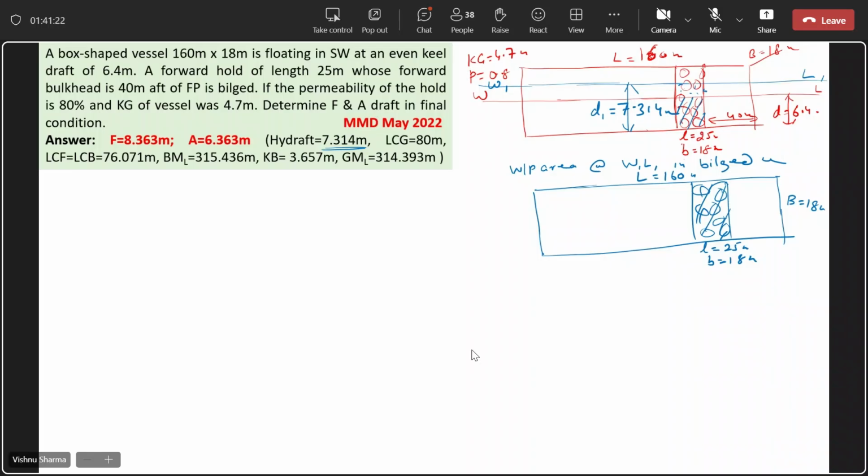Have you written and got it, guys? Yes, sir. Here LCG will be 80 meters.